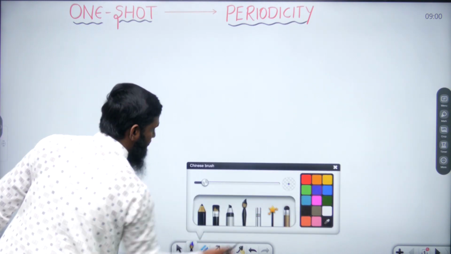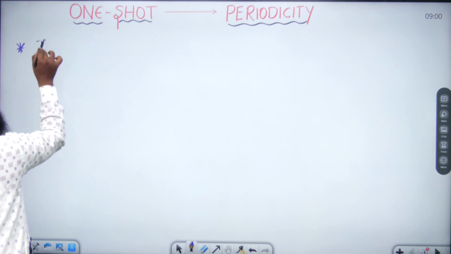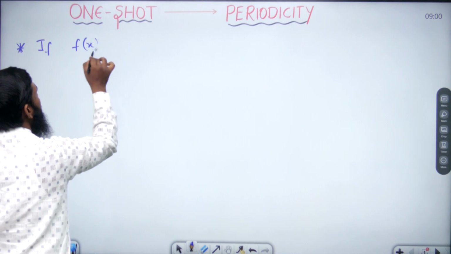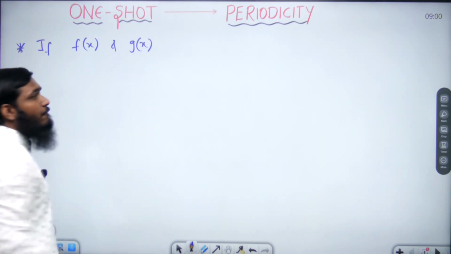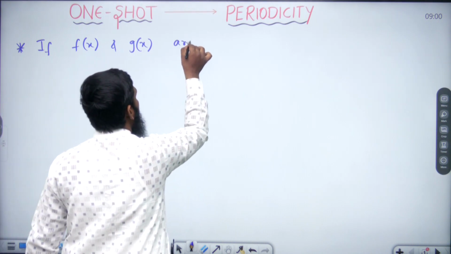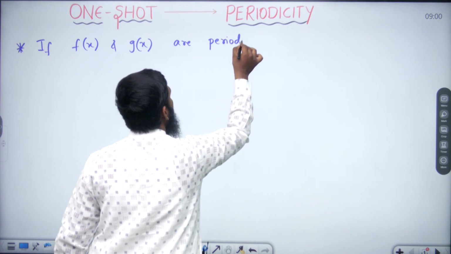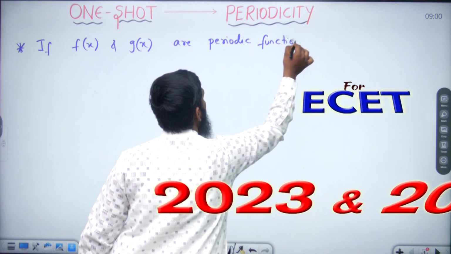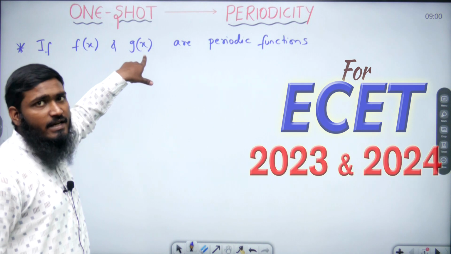Suppose f of x and g of x are periodic functions. One function is f of x and the other function is g of x.